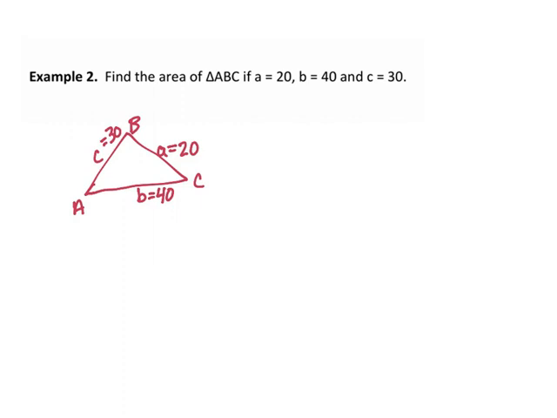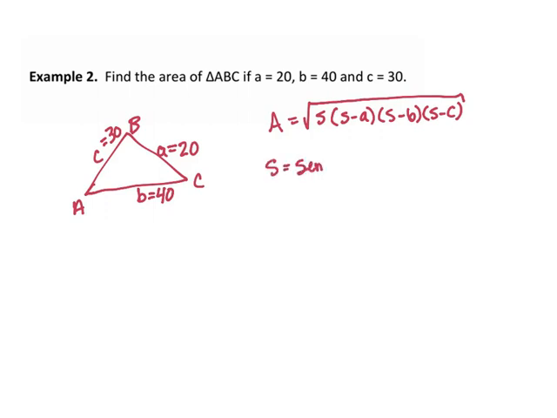So we've got to use this other one. So we've got area is the square root of S times S minus A, S minus B, S minus C. I feel like this one's pretty easy to remember, but you have to know what S is. So S is the semi-perimeter.